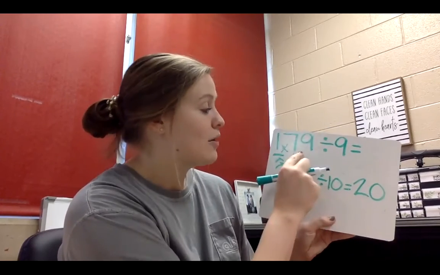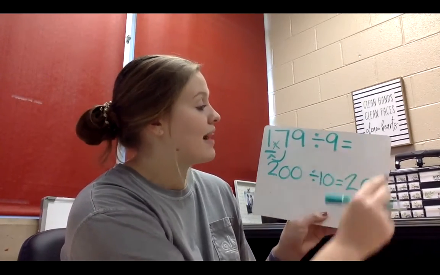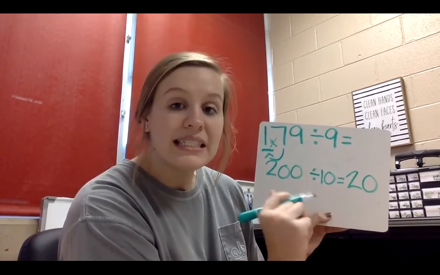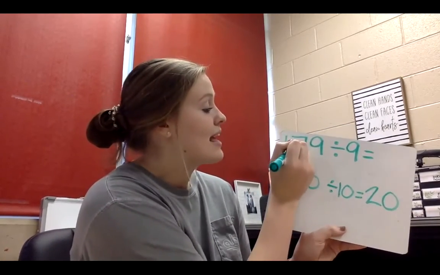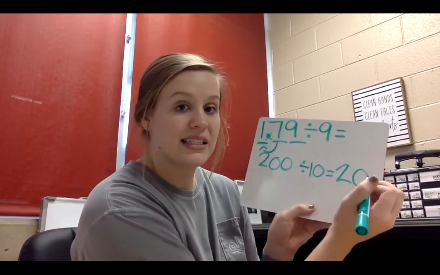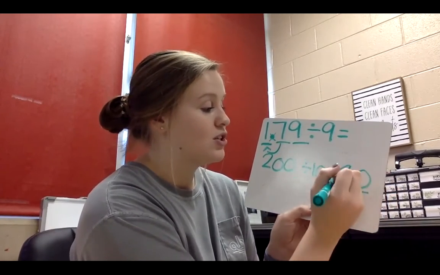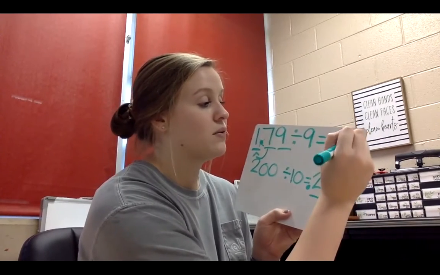My estimate of 200 divided by 10 equals 20 was for 179 divided by 9. But what is the one last step that I have to do? Bring back that decimal, right? How many places were behind my decimal? 2. So how many places need to be behind my decimal? 2. So my estimate is 0.20.